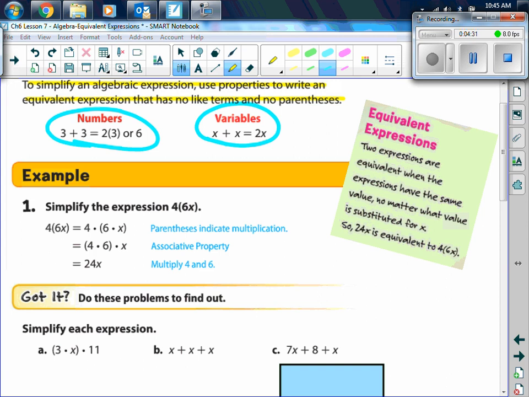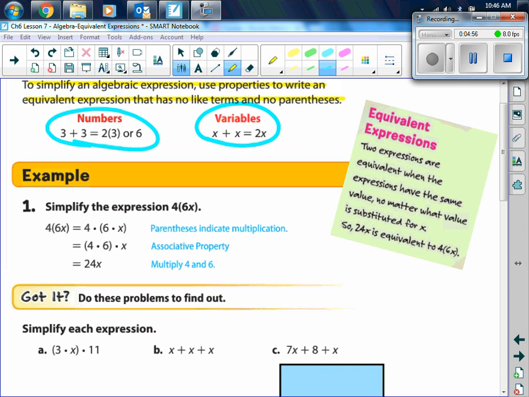For example 1, it says simplify the expression 4 times quantity 6x. Now, if I reread this, it's all multiplication. So I could read this as 4 times 6 times x. Now, we're going to show our properties here.